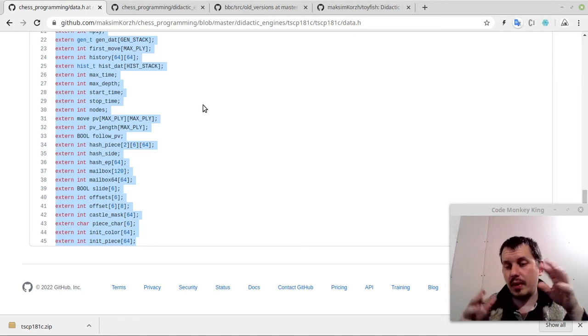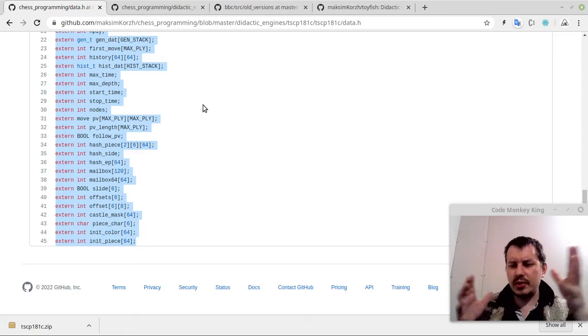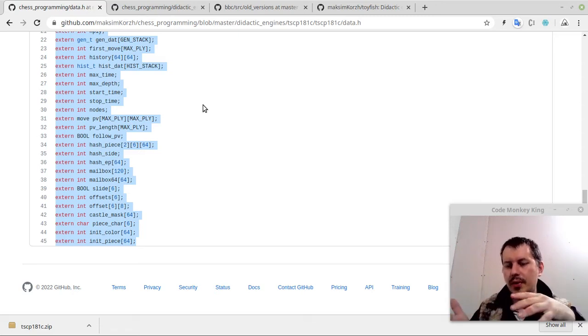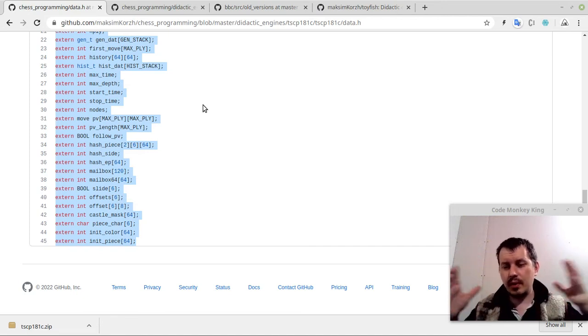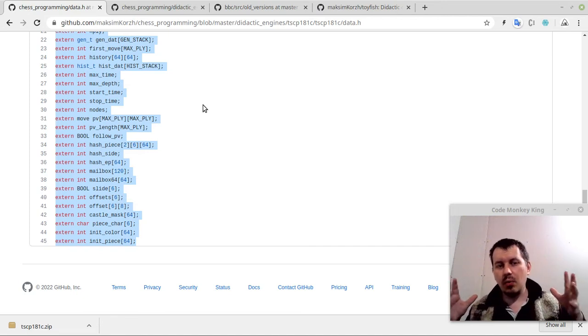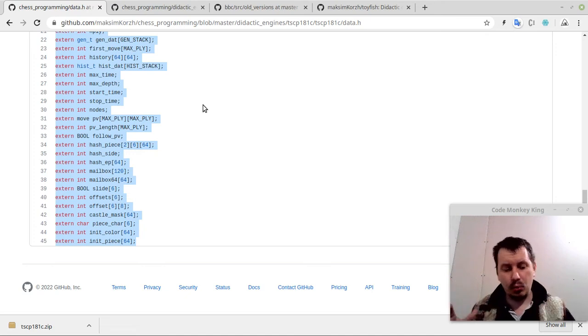Global variables, on the other hand, are way more self-explanatory, and it's easier to track how they are being touched. And you might be wondering, isn't it bad to have a global variable because you can change it from anywhere in the code, and you don't know how that goes? Well, in a chess program, there are not so many places where you can change the internal data structures, and since there are not that many, you can keep them in mind and handle them, and that's just fine. So hopefully that makes sense.